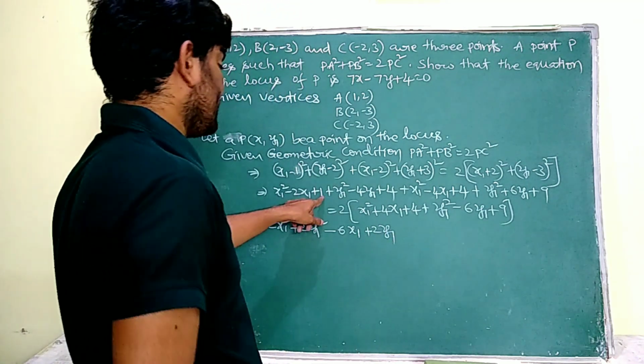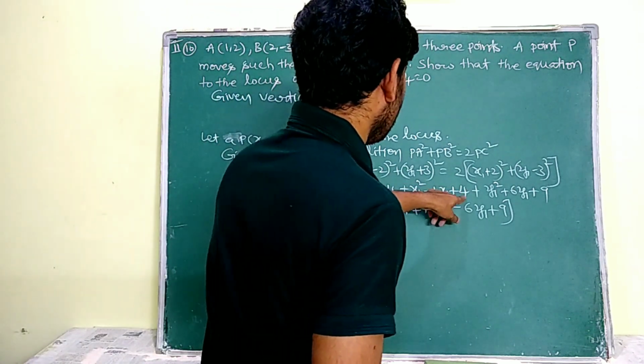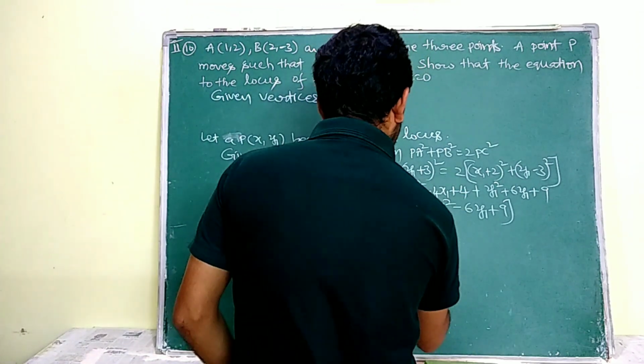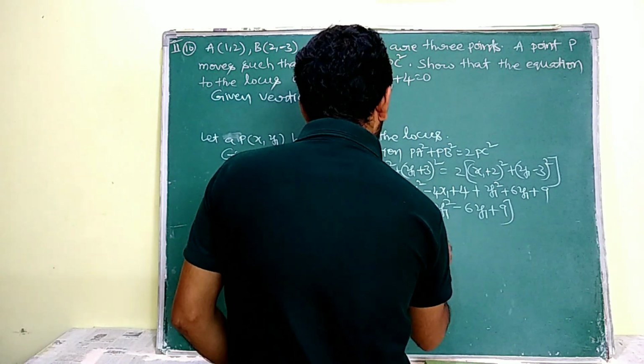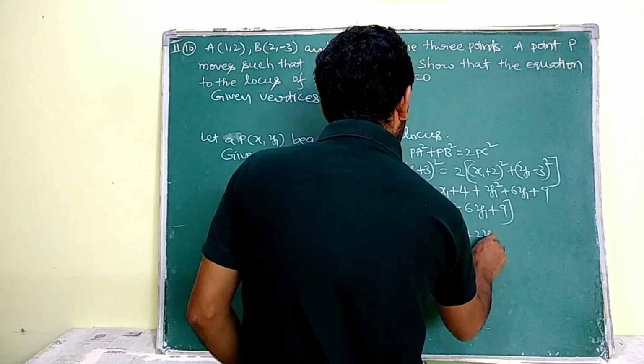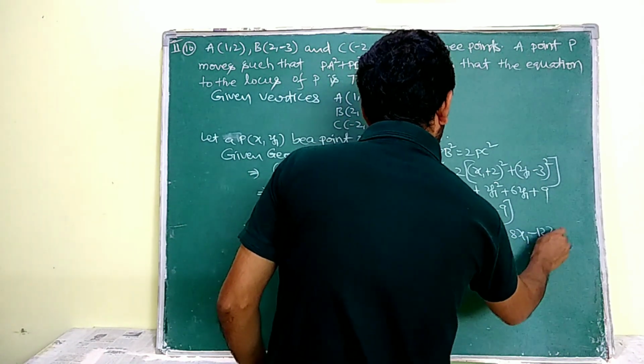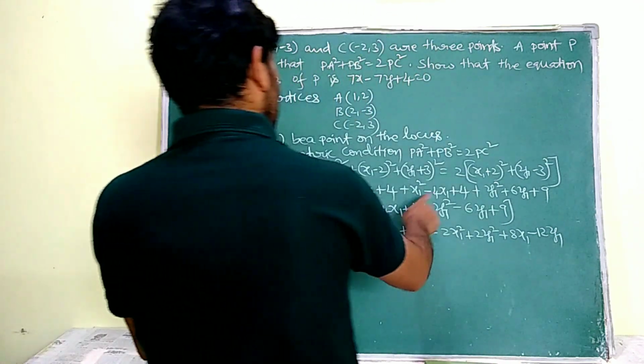Coming to the constants, it is 1 and 4, 1 plus 4 is 5, 5 plus 4 is 9, 9 plus 9 is 18. That is equal to 2x1 square plus 2y1 square plus 8x1 minus 12y1, and it is 13, 13 2s are 26.